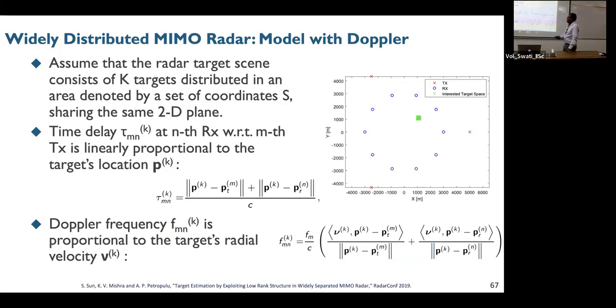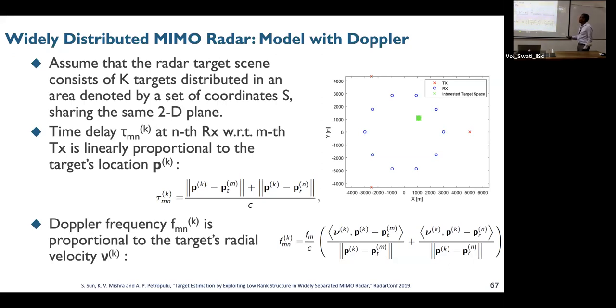So here is the quick problem setup, or the things that we want to look at. You would have a target scene with some number of radars, and this would be the delay between the nth transmit and the mth receive, and p_k is the kth target location, and this is the classical path delay.